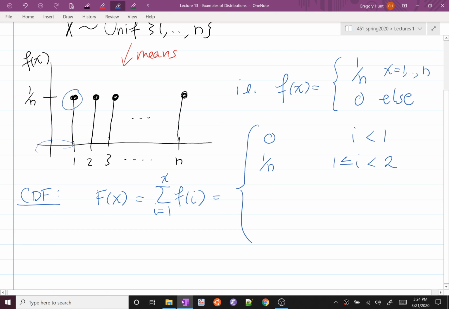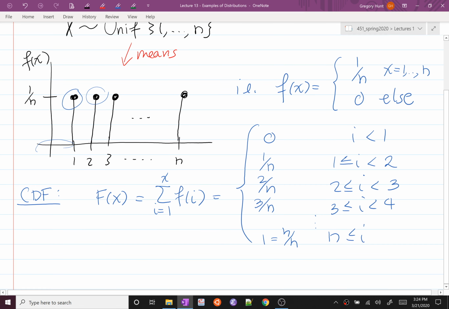If x is between 2 and 3, we include the second piece of mass and go to 2 over n. Similarly, between 3 and 4, including 3, excluding 4, we get 3 over n, and we march all the way up until eventually we get n over n, or 1, if x is greater than or equal to n.